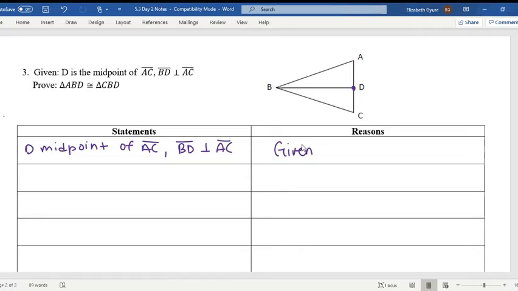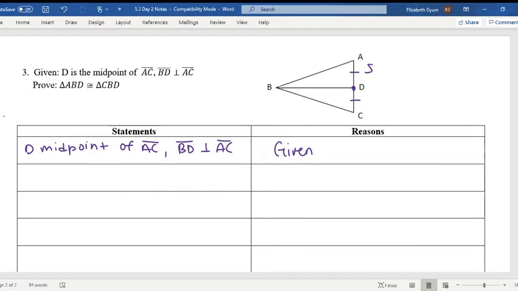Yep, it splits it into 2 congruent segments. If you have a midpoint, you are going to have 2 congruent segments. So segment AD is going to be congruent to CD. So we are going to then have a set of congruent sides from that.